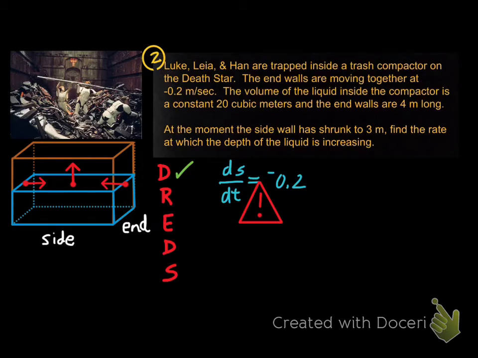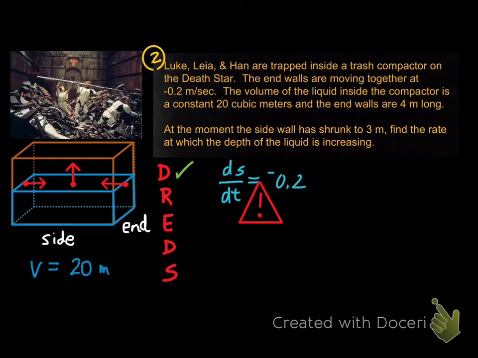So this is one of those be-a-careful-reader scenarios that you've got to watch out for. This is correctly labeled: the derivative of the sidewall with respect to time is negative 0.2 meters per second. So that's a serious be-careful caution.